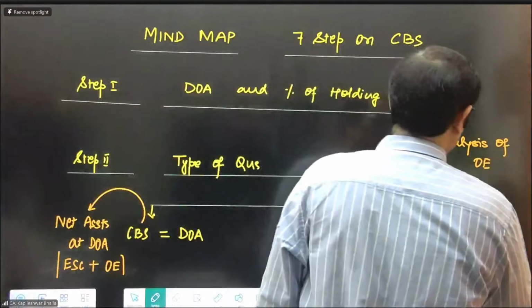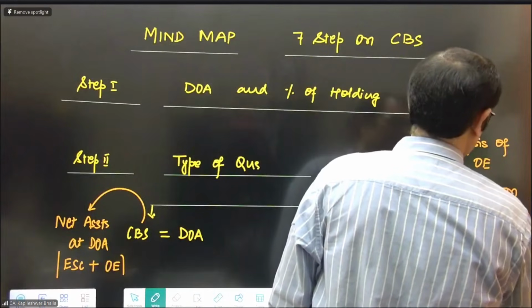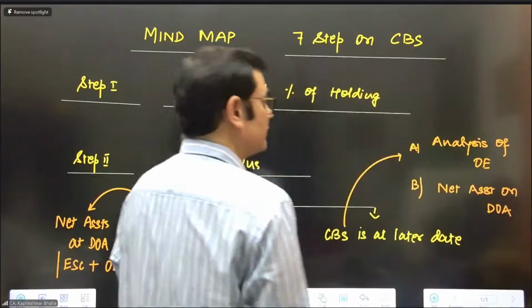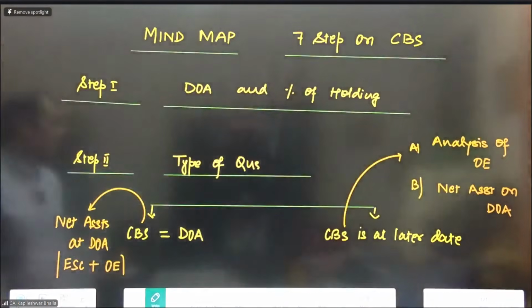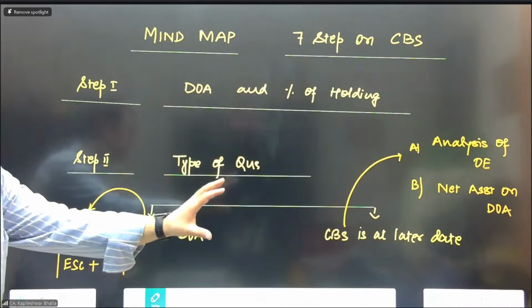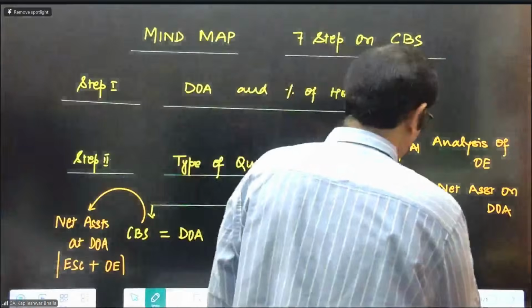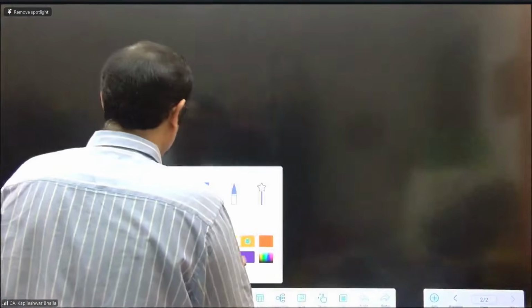And then we need to get the net assets on date of acquisition. So once you're able to identify the type of question, you're clearly able to tell whether we need 1 step or 2 steps in the consolidation process. Then we go on to a little more detail on step number 2A as well as step number 2B.